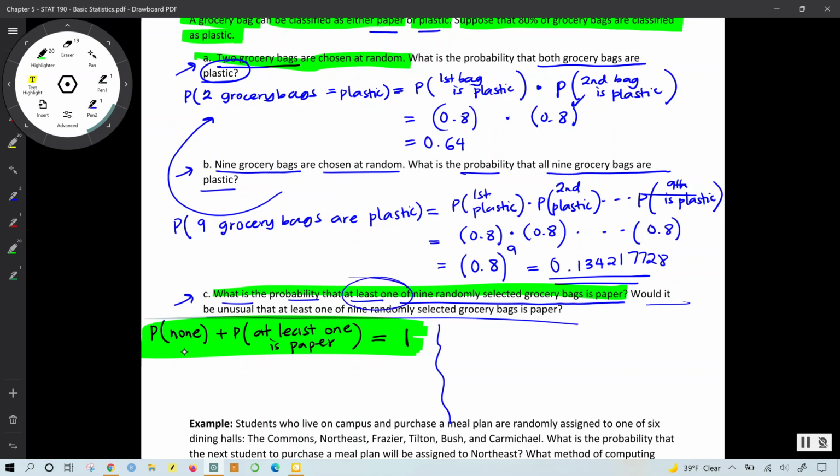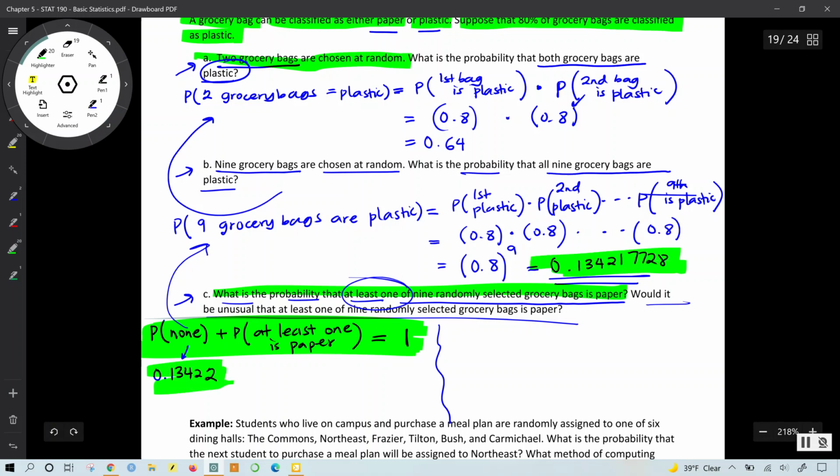Now, it's either we have none, probability that none is paper is the same thing as probability that all 9 are plastic. So we have the answer for that, which is 0.13421. I'll just take it to 5 decimal places. So we had that answer given earlier. Probability that none is paper is the same thing as probability that all 9 are plastic, just to emphasize, plus the unknown.